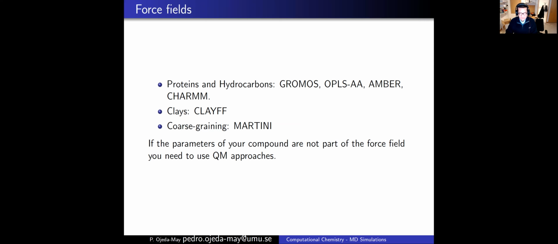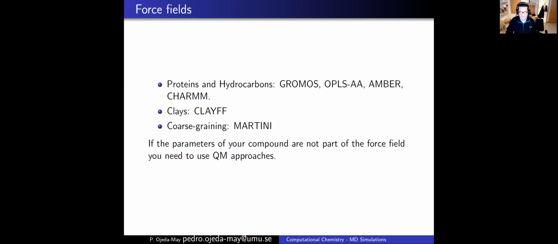For instance, imagine that you are dealing with a new clay system. Or you have a new amino acid, a modified amino acid, for which the parameters are not known. In that case, you will need to go to quantum mechanical approaches or the experiments, and then set these new parameters into your force field.